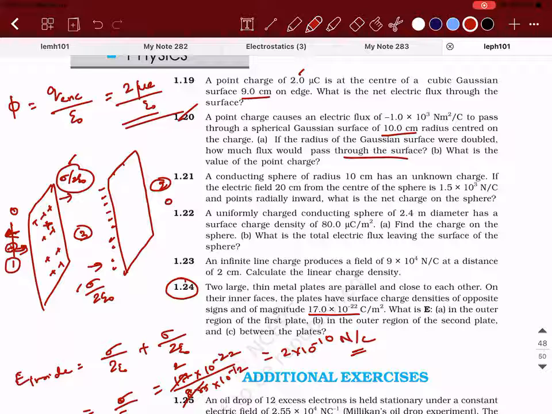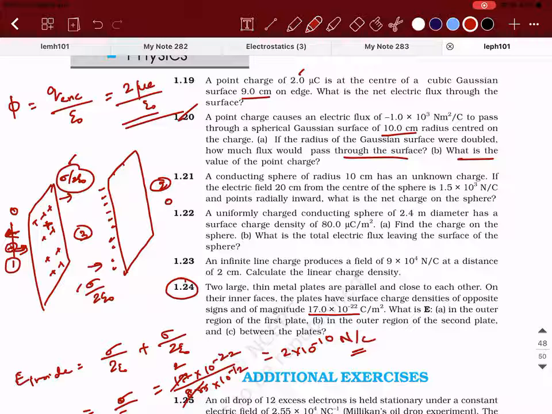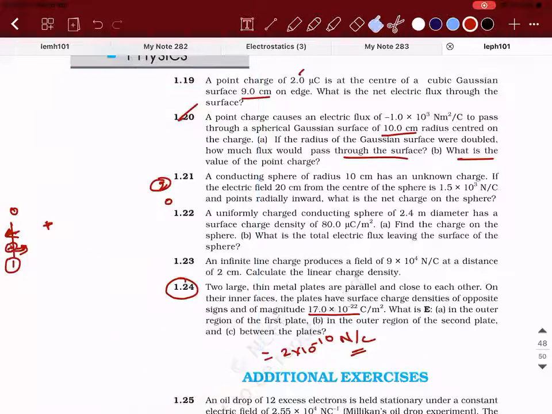And what is the value of the point charge? That you can find out. They have given you the flux. So flux you will equate it to what? Correct.